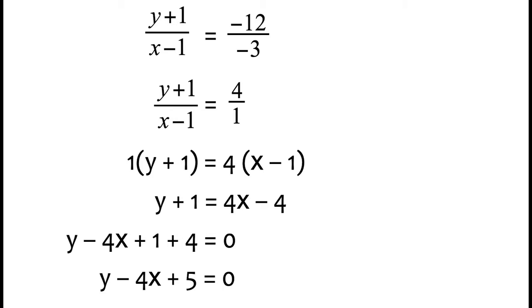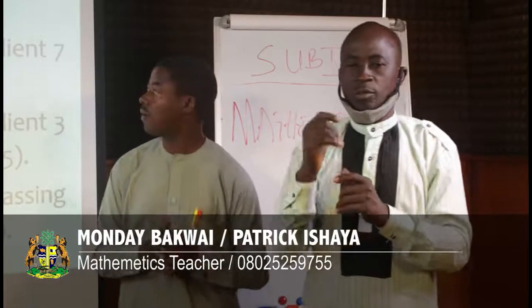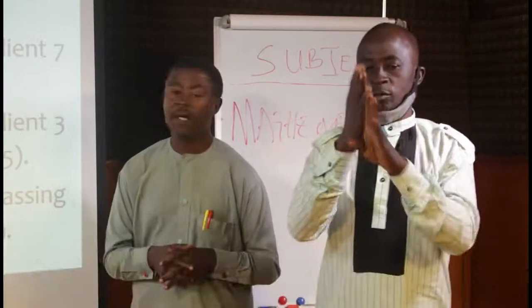Equating the equation to 0, we have y minus 4x plus 1 plus 4 equals 0. And when you simplify, you have y minus 4x plus 5 equals 0. That gives us the equation of the line.